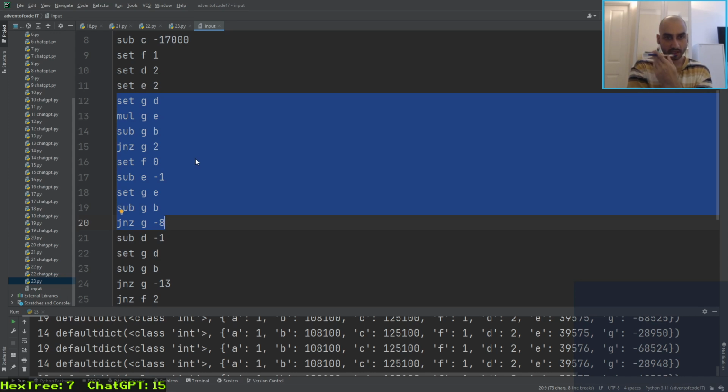While E is not equal to B, so if there's any value for E for which... what is D?